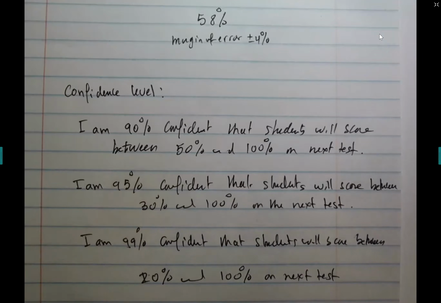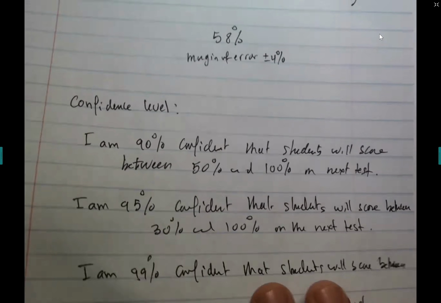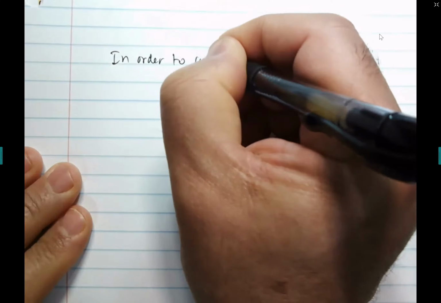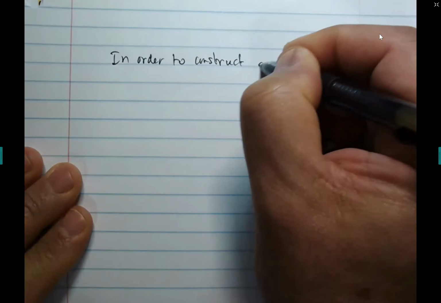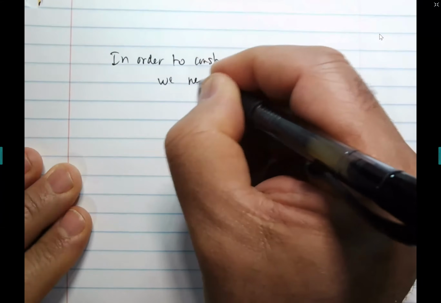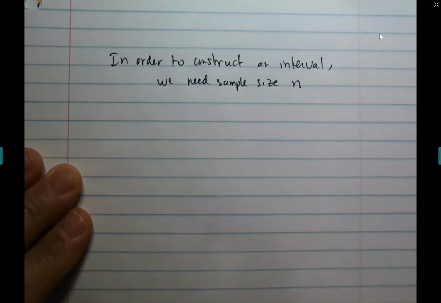I know that now, I introduced this, it's still not making a lot of sense to you how we're going to put it together, but you will see in a moment how we're going to put all of this together. So in summary, before I show you an actual problem and how to construct those intervals, in order to construct an interval, guys, we need the following. We need the sample size. How many in the sample? It's called n.